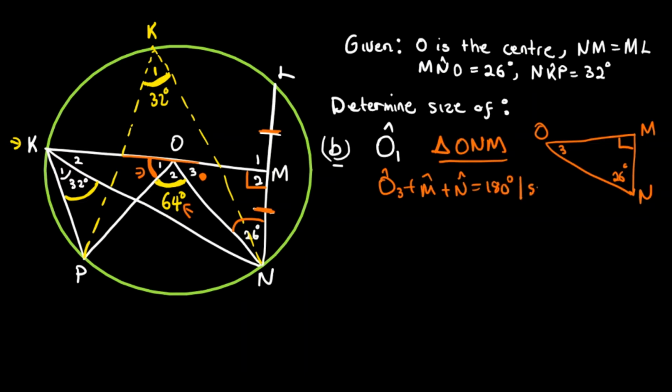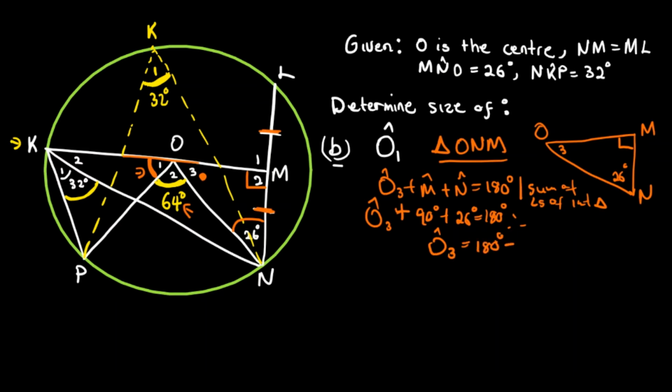The reason is the sum of the interior angles of a triangle. So angle O3 plus 90 degrees plus 26 degrees is equal to 180 degrees. Therefore, angle O3 is equal to 180 degrees minus 26 degrees minus 90 degrees. If you punch your calculator, you're going to get 64 degrees. So this angle here is 64 degrees.